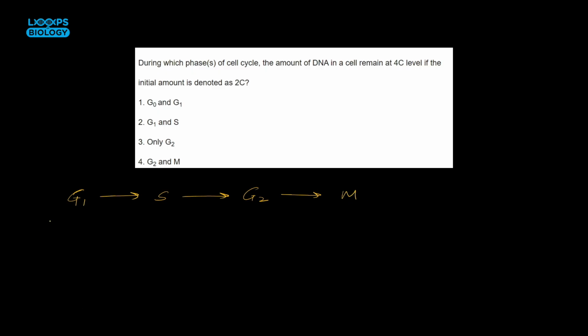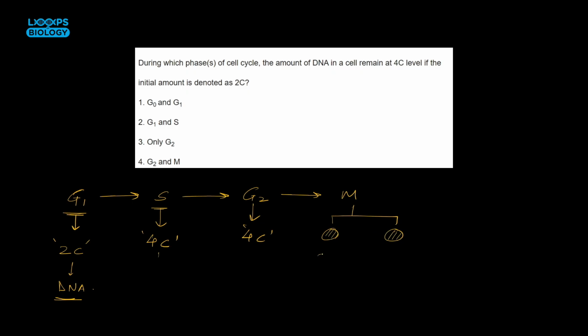If the initial amount was 2C for DNA content, now this will be doubled inside S phase, so it will become 4C. This 4C will continue inside your G2 phase, and M phase is basically the formation of 2 cells.